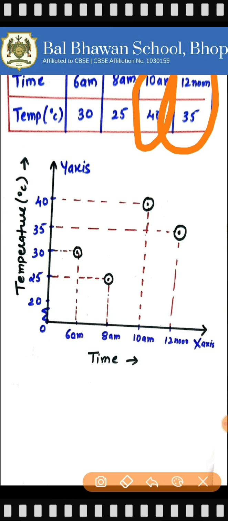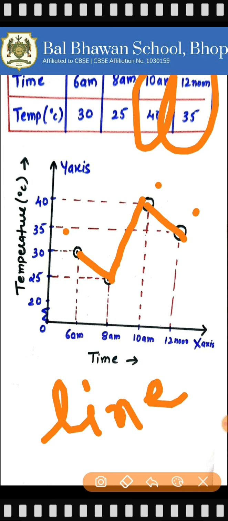Like this we got 4 points. After getting these points, we have to join them in the correct sequence, right? After joining these points, the graph which we are getting is called a line graph.